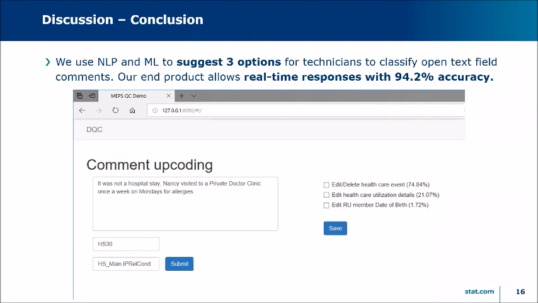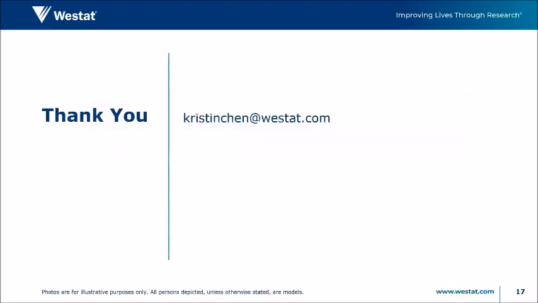So I would say we completed this task by simplifying the technician's life, making them choose 1 out of 3 rather than 1 out of 50. It's definitely improving our entire data processing workflow for the comments. So that's it. Thank you so much.